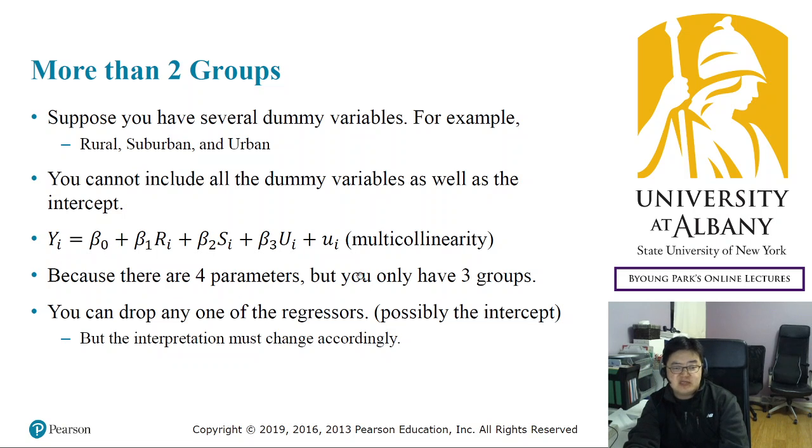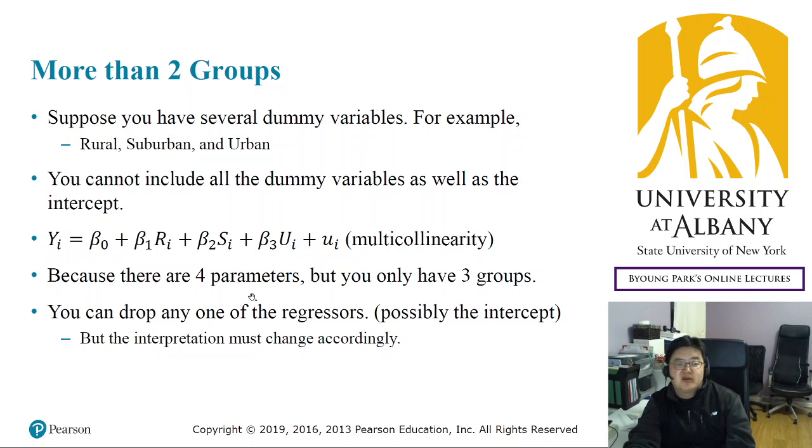Four variables together have a multicollinearity problem. And the intuition is the same. If you use this model, it has beta 0, beta 1, beta 2, beta 3. There are four parameters. But you only have three groups in your data: rural, suburban, urban. So three groups cannot estimate four parameters.